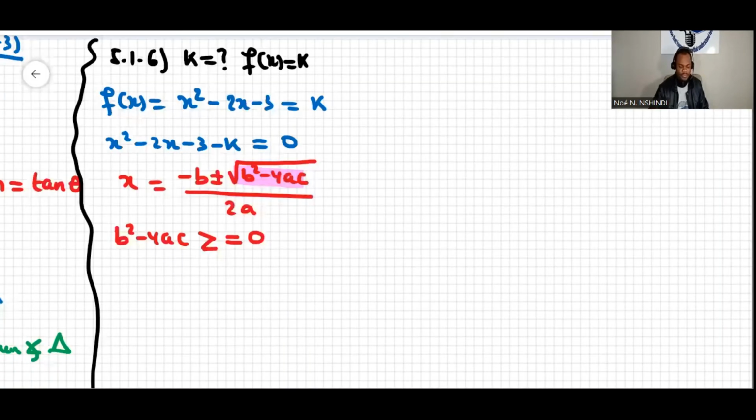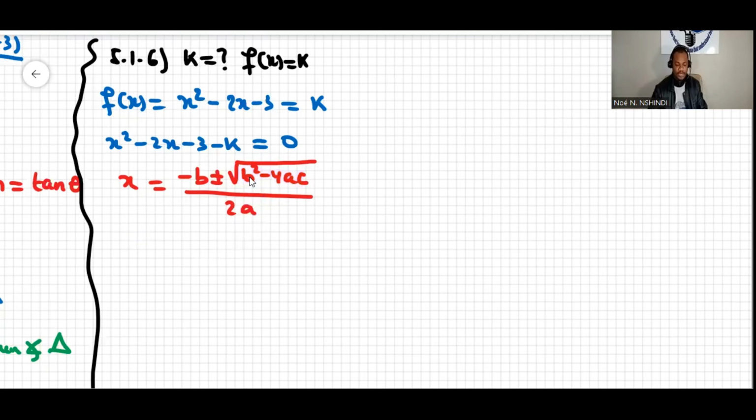Before I do that, let's first do this. I prefer to write it this way. The first condition is that, to have a positive result, let me do it this way.